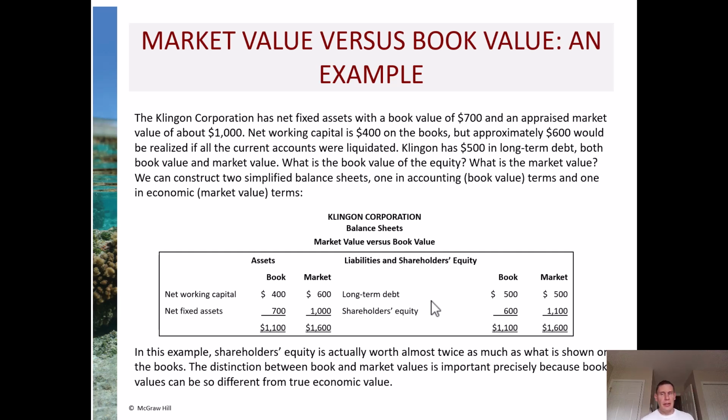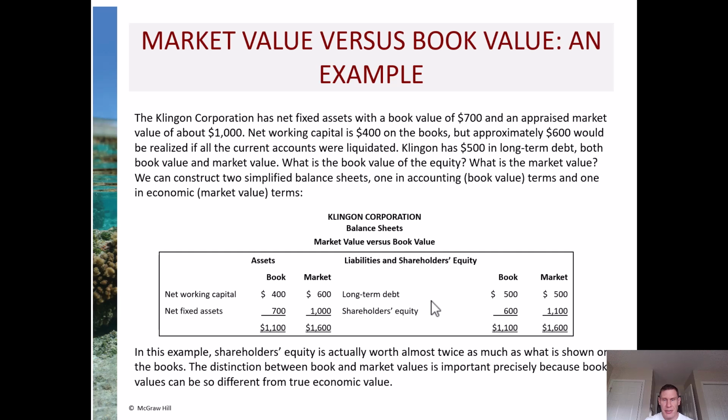To answer this, we can construct two simplified balance sheets, one in accounting or book value terms, and one in economic or market value terms. That's what you see below, right? If we look at assets, the book value of the assets is 1,100, 400 plus 700. And the market value is 1,600, 600 plus 1,000.